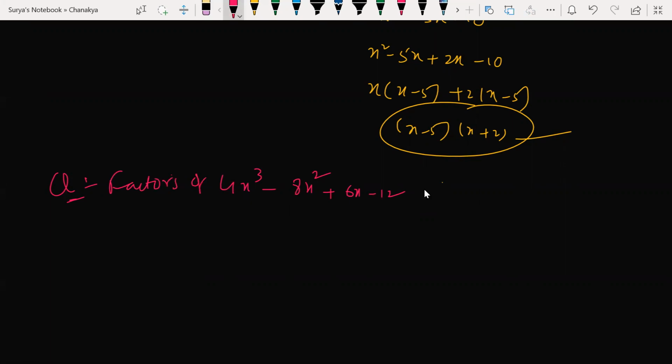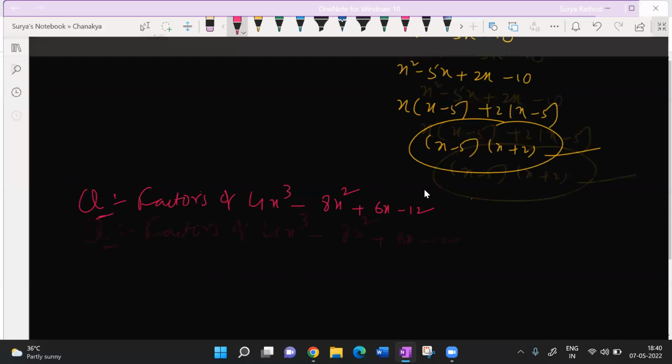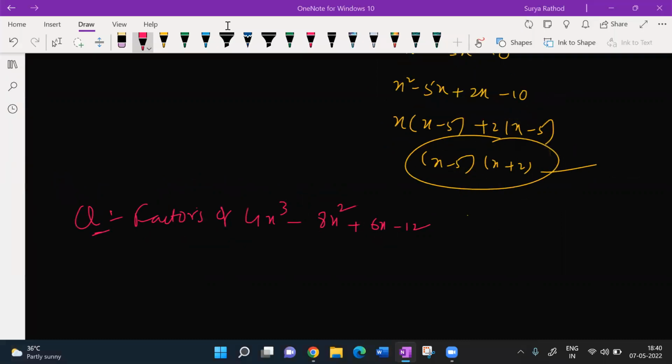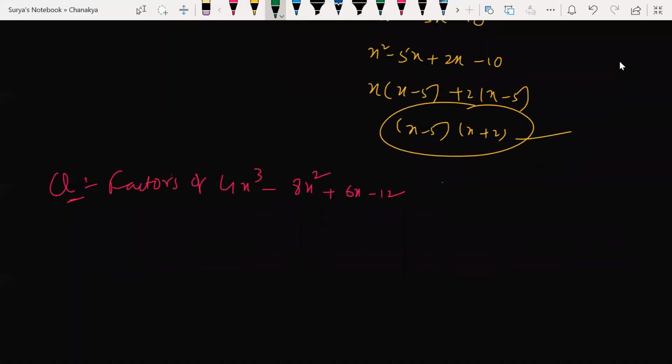Let's see who is going to give the first answer. Are you ready? Substitute x value 1: 4 minus 8 plus 6 minus 12. Not satisfying. So x is equal to 1 is not going to be a factor.